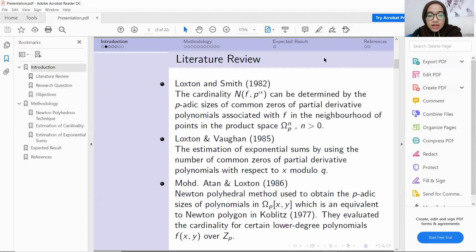Next, Muhammad Atan and Loxton, 1986, they claim that the Newton polyhedron method is used to obtain the p-adic size of polynomials in Omega p x y, which is equivalent to the Newton polygon in Copley's 1977. They evaluated the cardinality for certain low-degree polynomials f(x,y) over Zp.